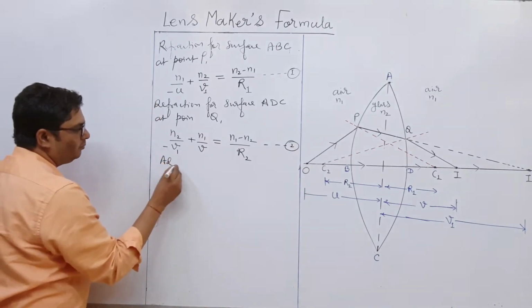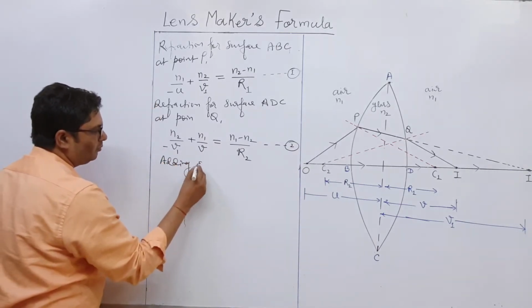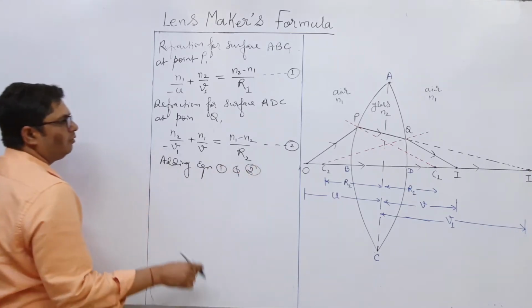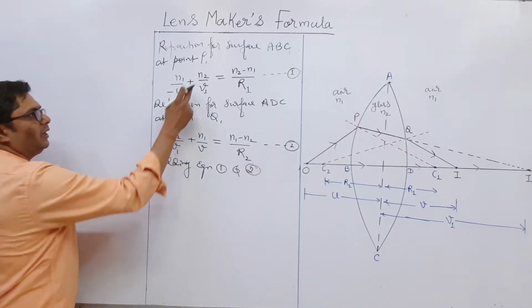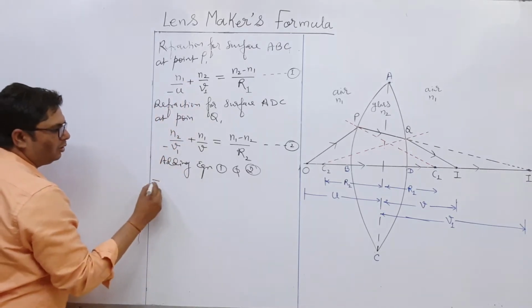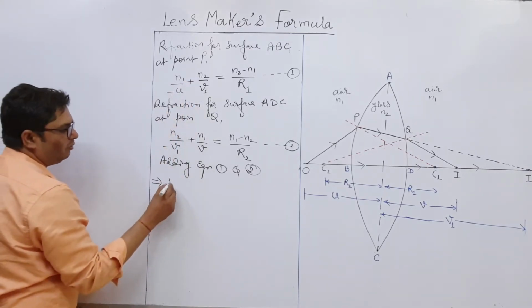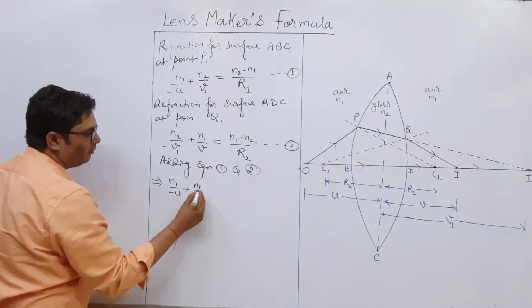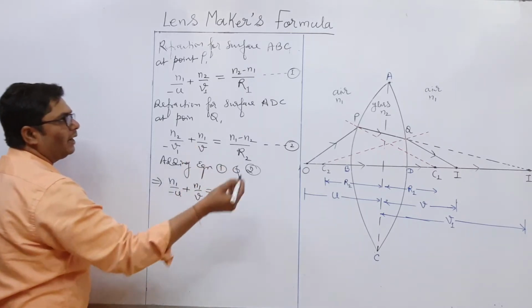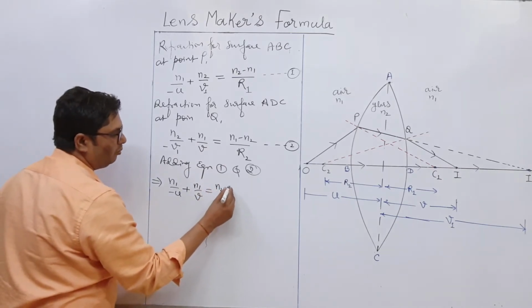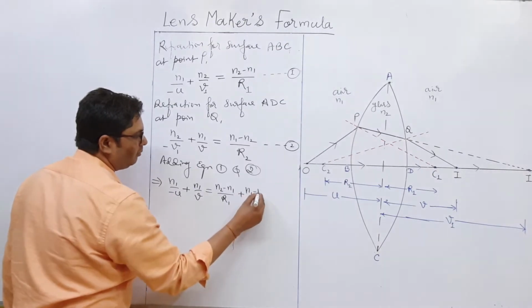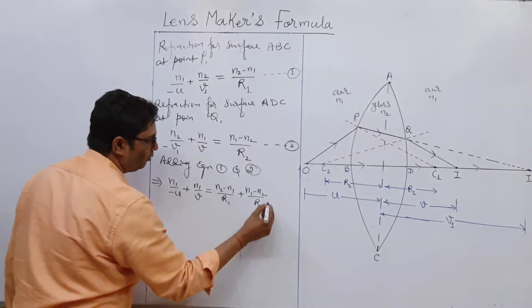Now adding equation 1 and 2, we see that N2 by V1 and minus N2 by V1 cancel out. So we get N1 by minus U plus N1 by V, and on the RHS we have N2 minus N1 by R1 plus N1 minus N2 by R2.